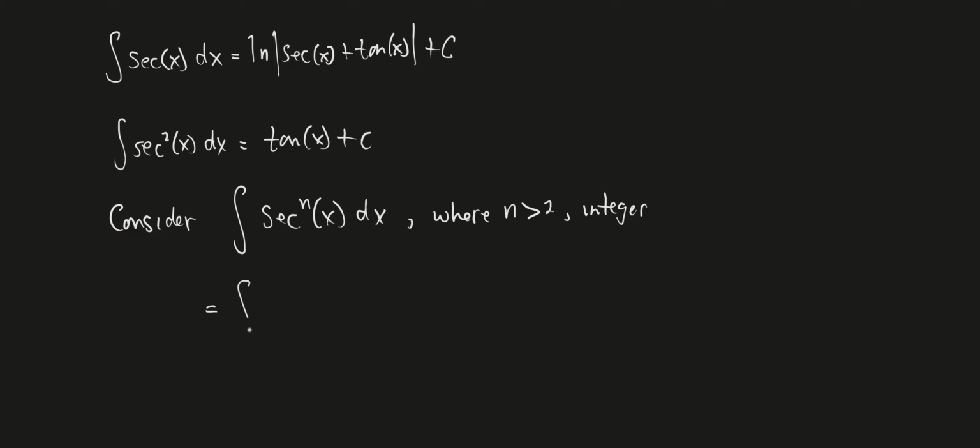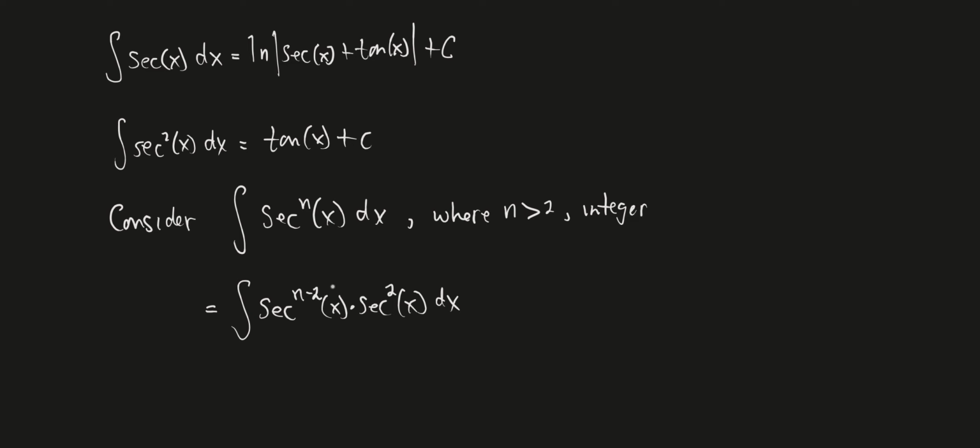So this is equal to secant to the n minus 2 power times secant squared. If I make sure that n is big enough, even if I subtract 2 from it, I'll still have a nice positive integer here.